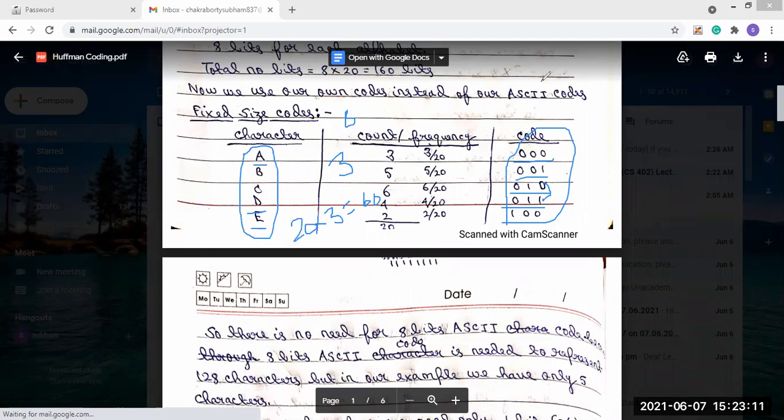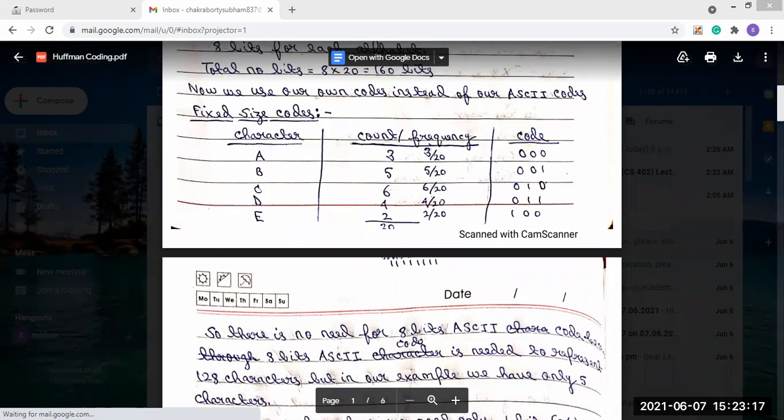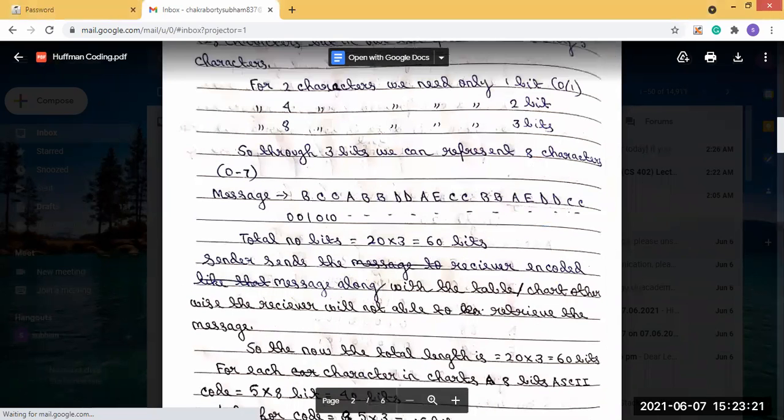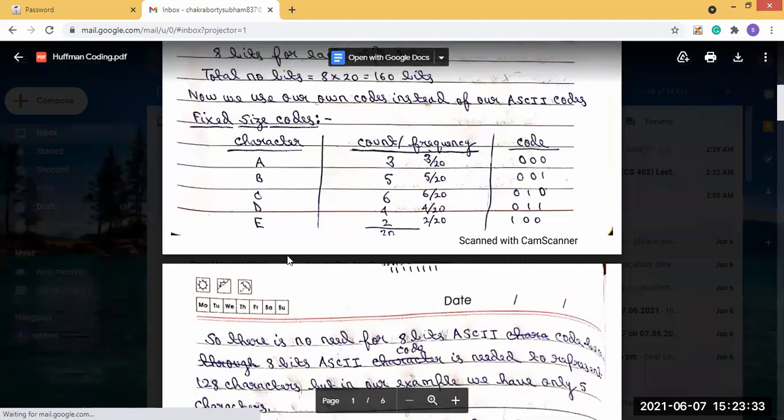But one thing you should keep in mind: whenever the sender sends this encoded message to the receiver, the table we have shown also has to be transmitted.